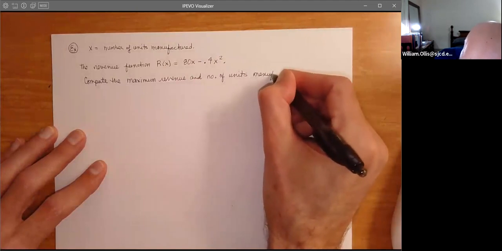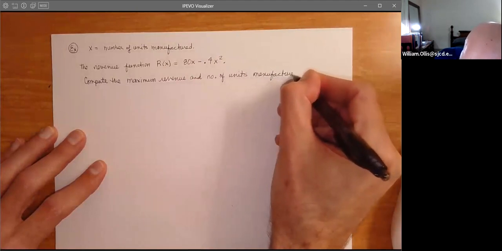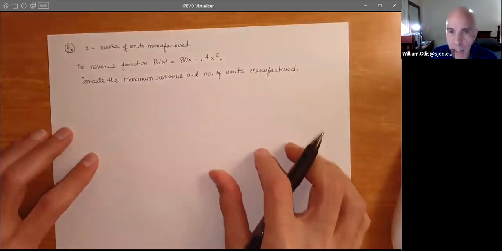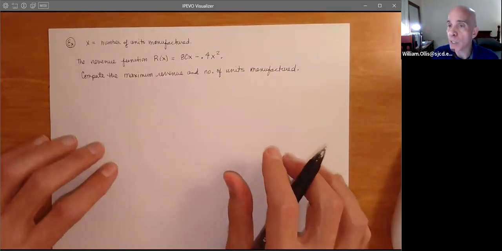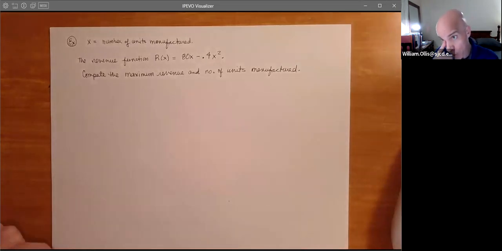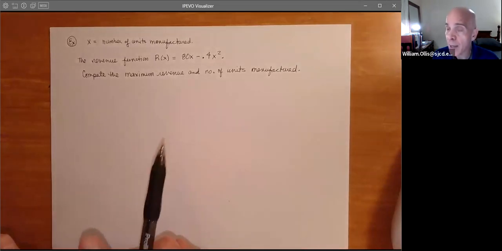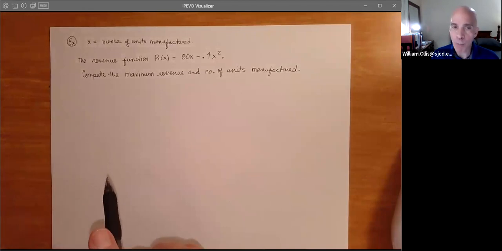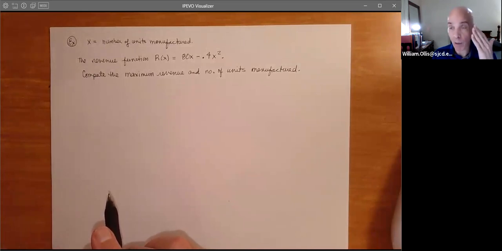So often when you have problems like this, you're thinking, okay, well, this is a problem you can do. First, you notice that the revenue function is quadratic. And so when someone says, okay, you've got a quadratic function, I want you to maximize it, the first thing that goes off in your mind is like, oh, okay, that leading coefficient better be less than 0 or this problem's inconsistent.